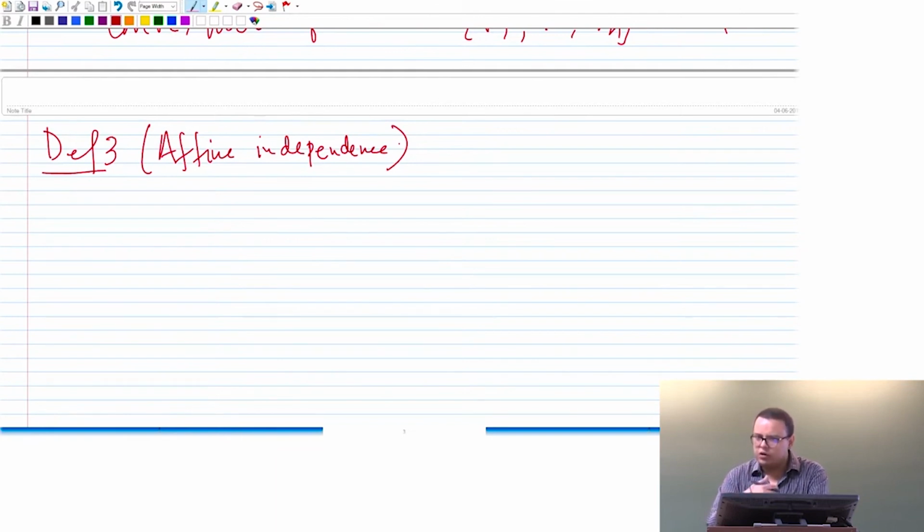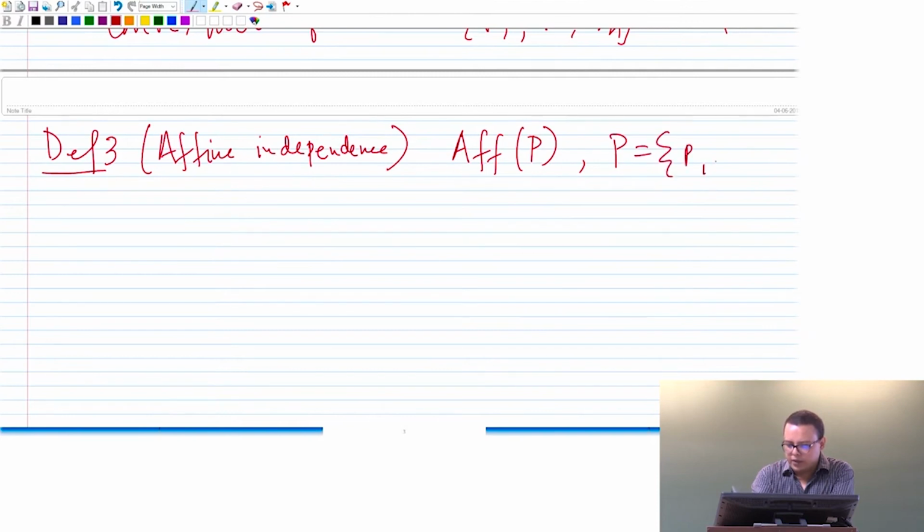The same thing holds for affine independence and the affine dependent case. There are a number of ways to define it. One way is, let me denote by AFF of P the affine combinations of all the points in the set P. The set P contains points P1 to Pn, and AFF of P will denote the affine combinations of this point set.